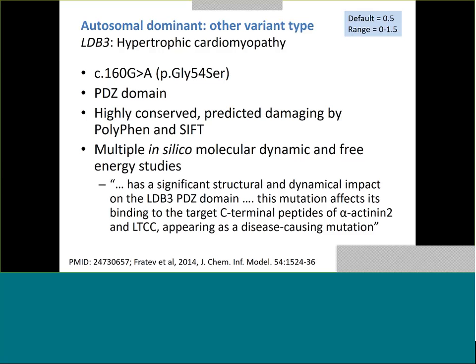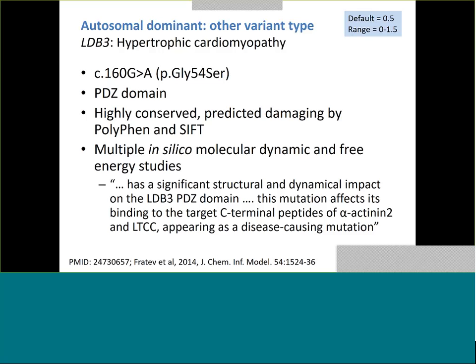So I was involved in initially curating this gene, actually, and I remember coming across this variant. This is Bryce Eifert. The particular papers that were looking at this, and if Kathleen Walls is on the call, I think she also looked at it with the recuration. They didn't just show in silico data, but they did extensive structural modeling, as Jenny's showing there, with the molecular dynamic and free energy studies.